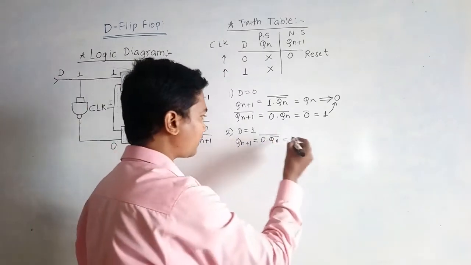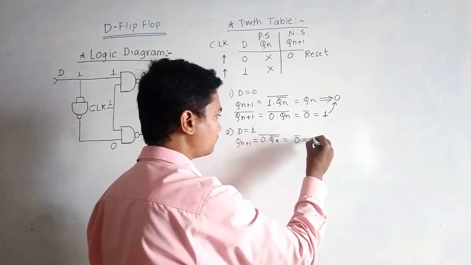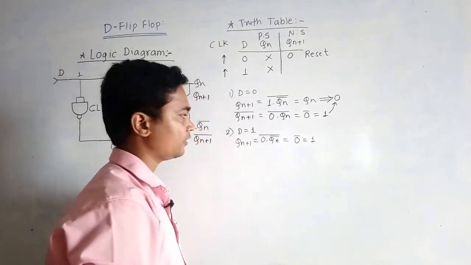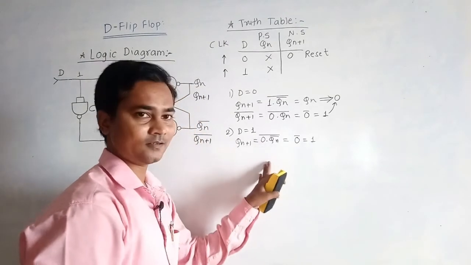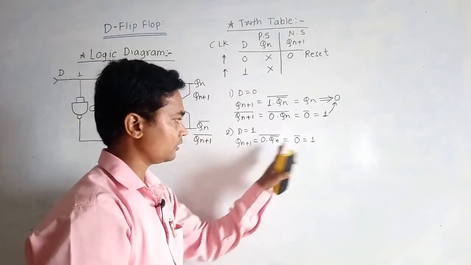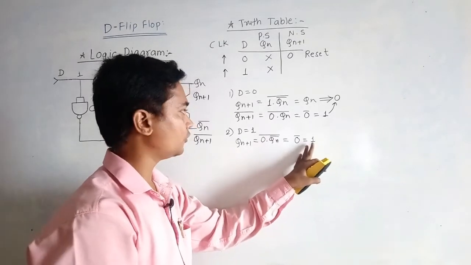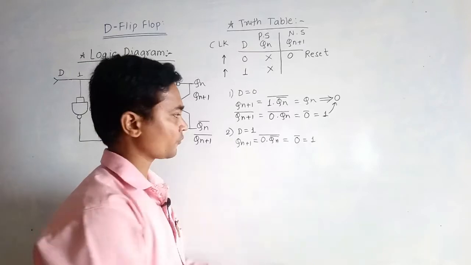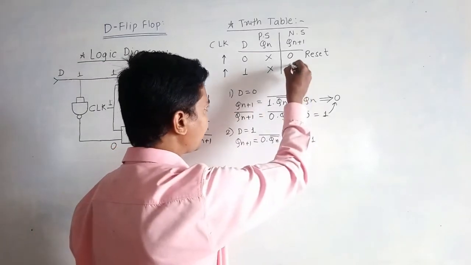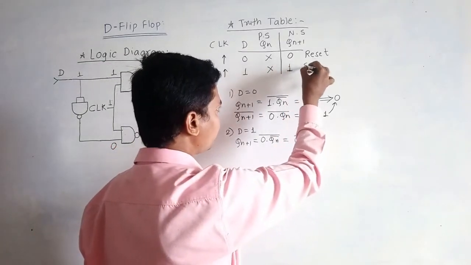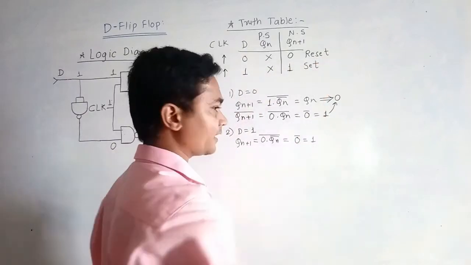So 0 bar is equal to 1. Okay, so no need to calculate the second, that is Qn plus 1 bar, because we have obtained this value, fixed the value, hard coded value. So no need to obtain the Qn plus 1 bar. So I can write here 1 directly. So 1 means, as I told you, 1 means set condition.